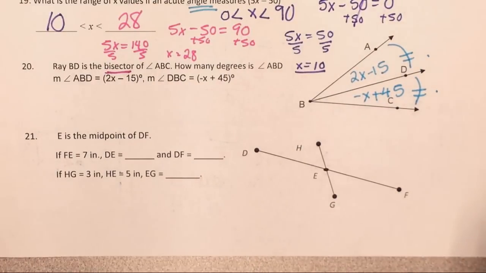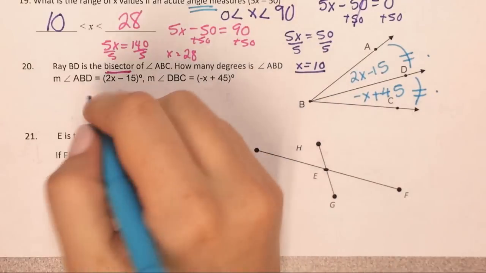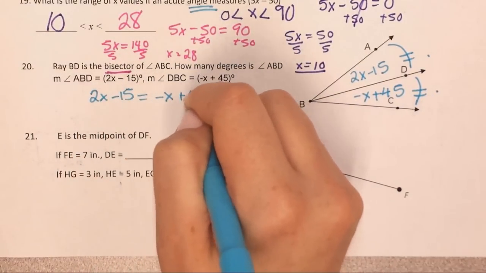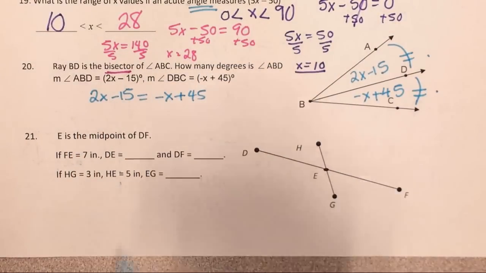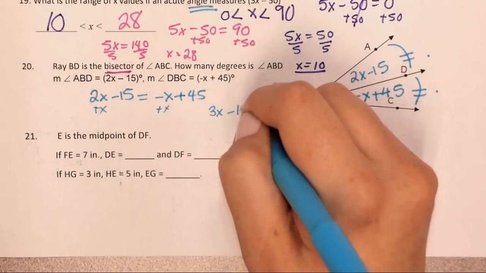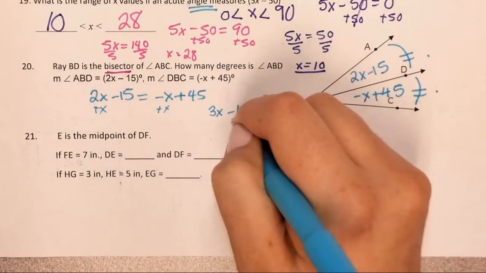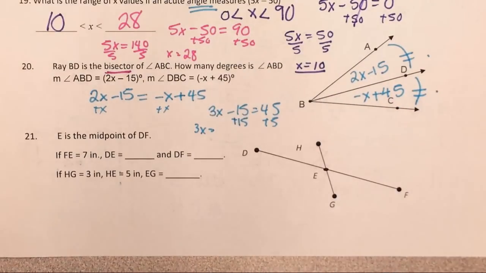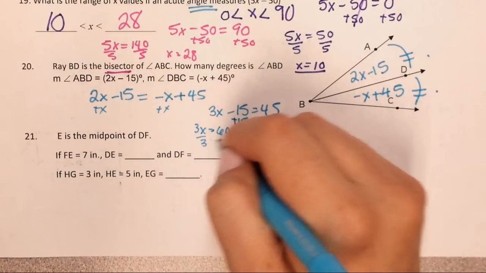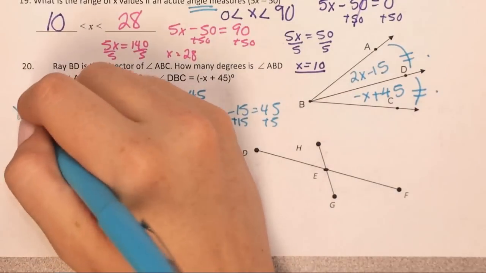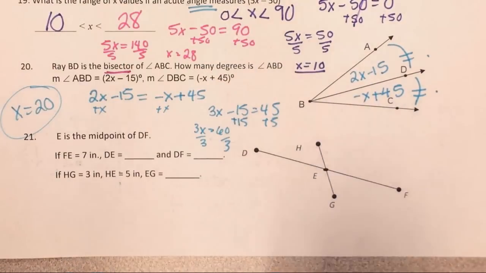That means you set them equal. So 2x minus 15 equals negative x plus 45. Add x here and here. 3x minus 15 equals 45. Add 15. 3x is equal to 60. Divide by 3. So x is equal to 20.